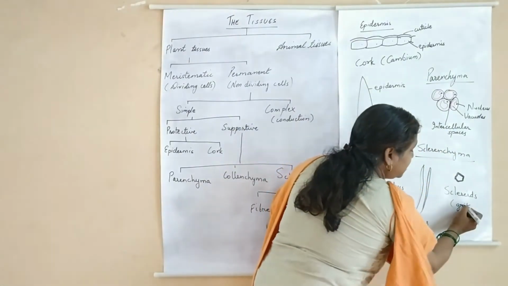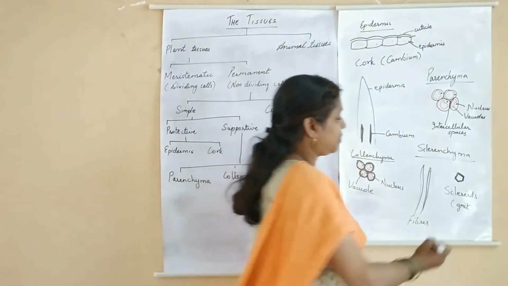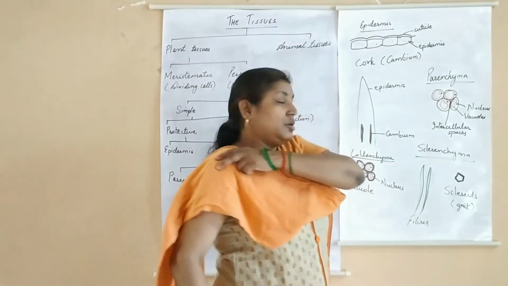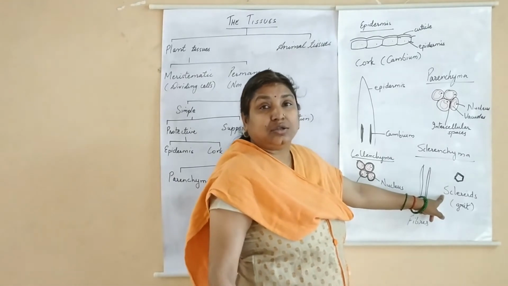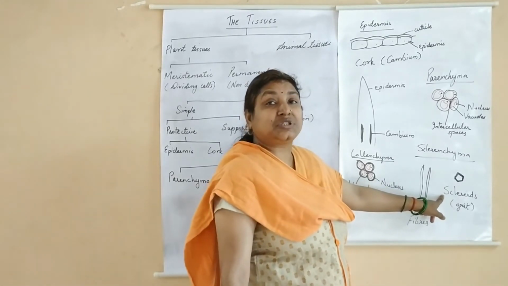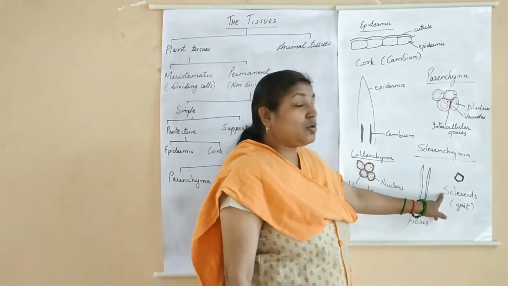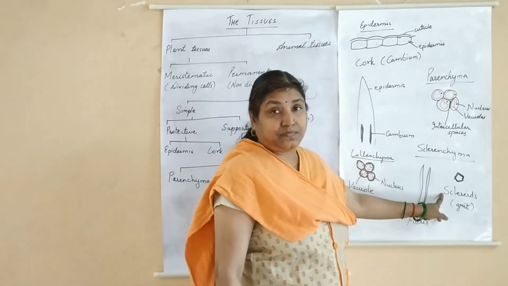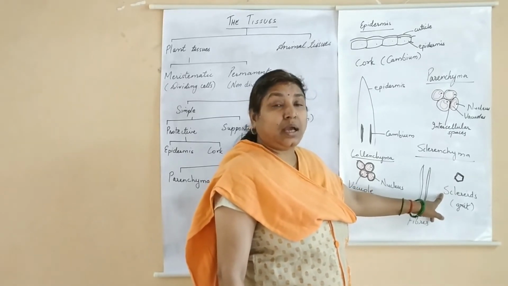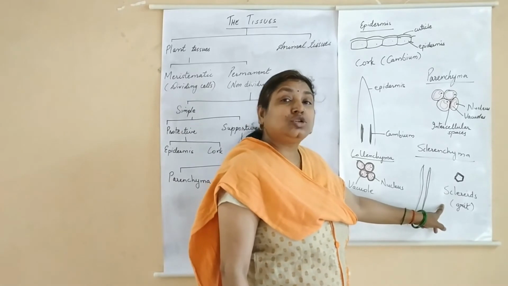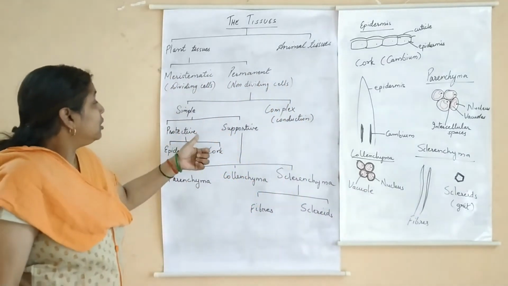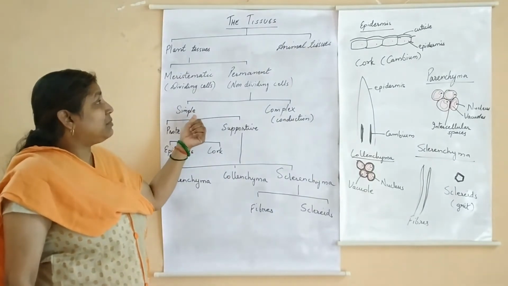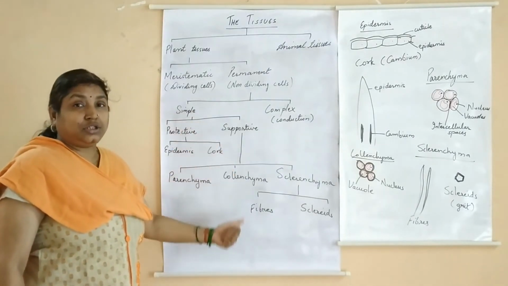They are present in the shells, cells of seeds and all, and they are also called stone cells. They are known by either grit or stone cells. This is all about your classification of simple permanent tissue.